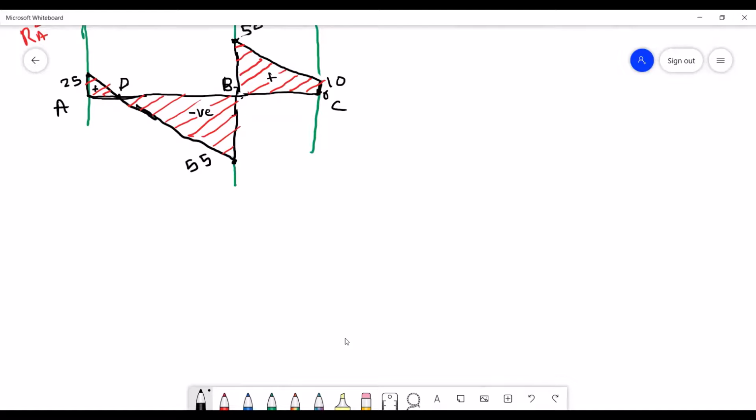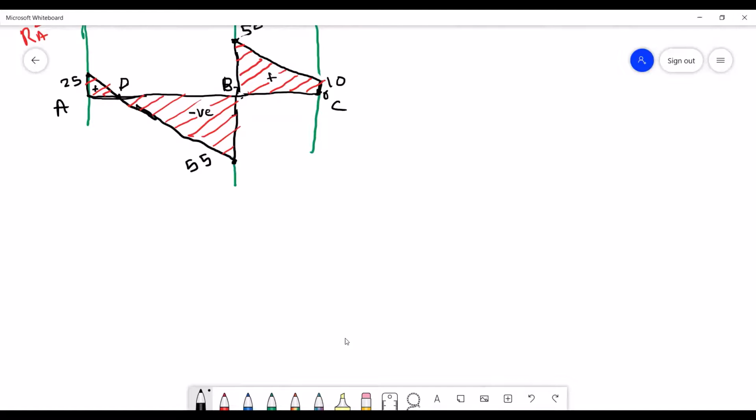See, above as well as below, this triangle and this triangle are similar triangles. So we can apply the rule of similar triangles. For similar triangles, the ratios are proportional.